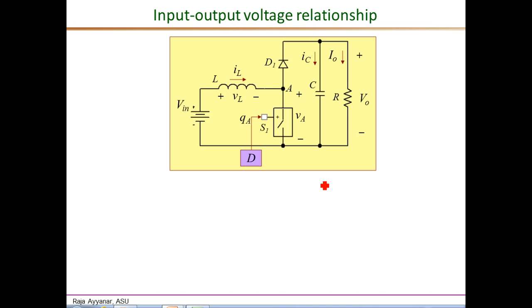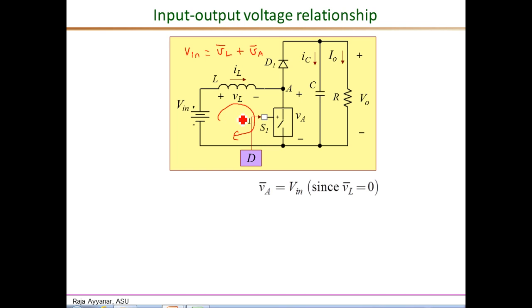Next, let's derive the input-output voltage relationship for a boost converter using the basic steady-state analysis principles of switch mode power converters. So we can start by applying KVL around this loop. So essentially it says KVL in an average sense. So we get Vin equals this VL average, VL bar, plus this is VA, so it's VA bar.